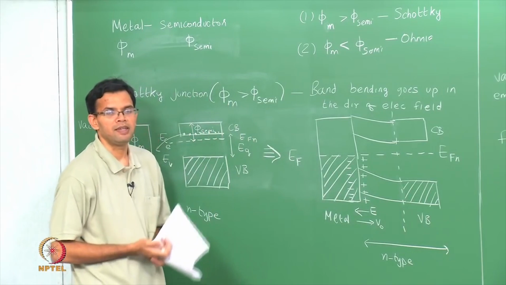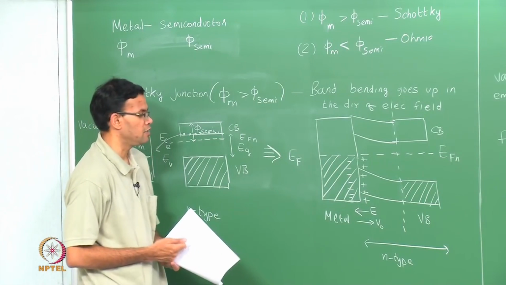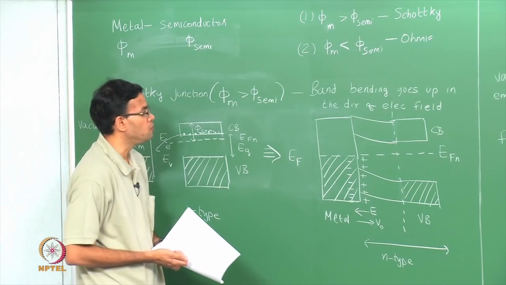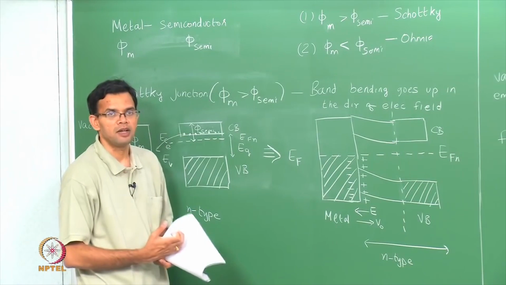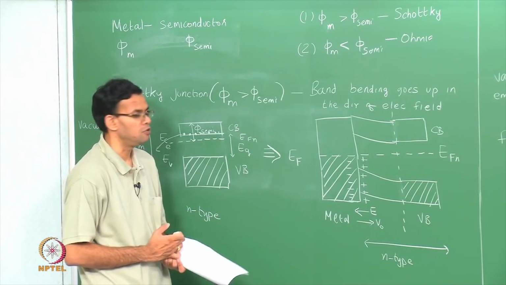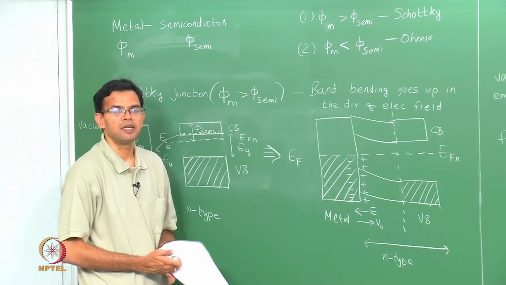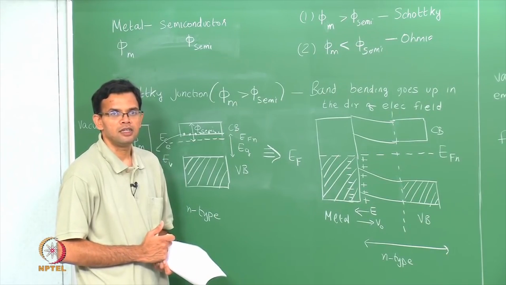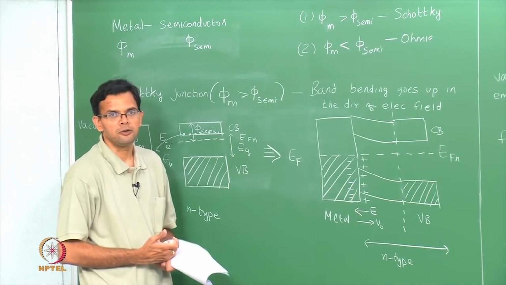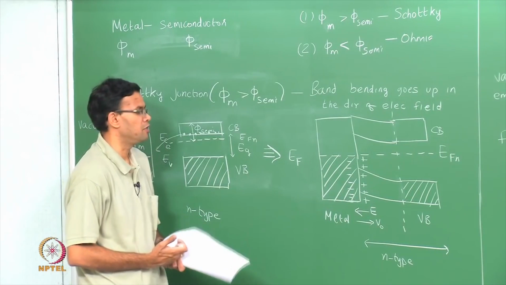Now, in the case of a metal, the electron density is of the order of 10 to the 22. In the case of a semiconductor, the electron density is usually lower. So, if we talk about a typical n-type semiconductor, your electron densities can be around 10 to the 16 to 10 to the 18 per centimeter cube.